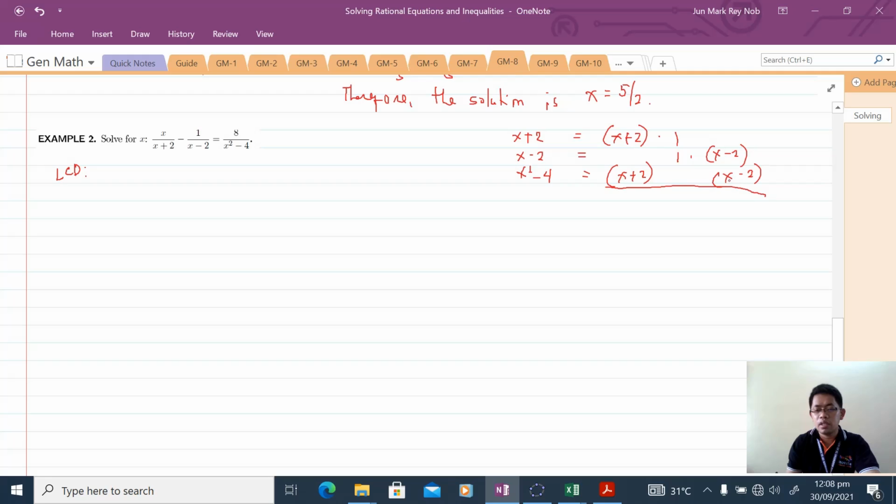And then simply write per column: x plus 2, and 1 times x minus 2. So the product is basically x plus 2 and x minus 2.